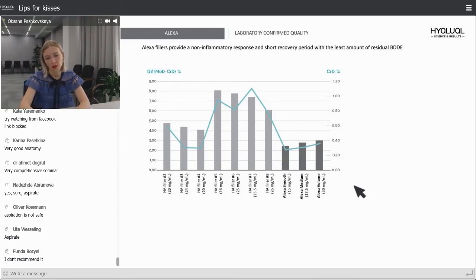It leads to a short recovery period. So also when we talk about irritation of the lips by the filler, it's important.